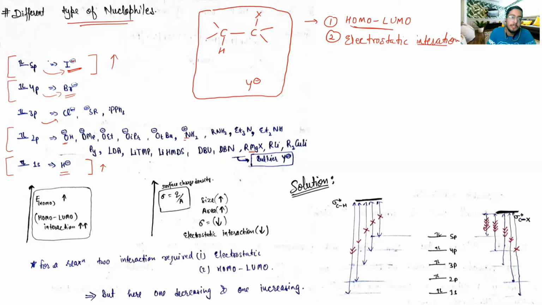I have already told you that the 5p type nucleophiles have a higher energy HOMO as compared to 1s type nucleophiles. And we have two LUMOs in our substrate: one is sigma star CH, and the second is sigma star CX.